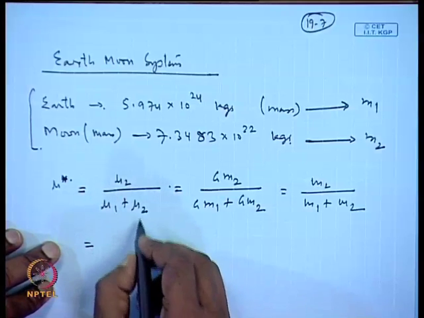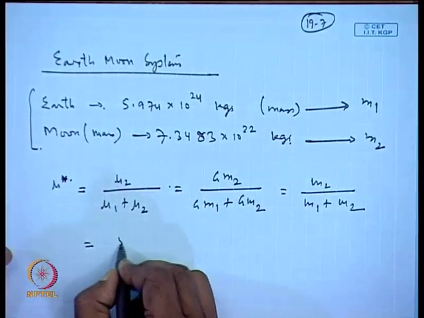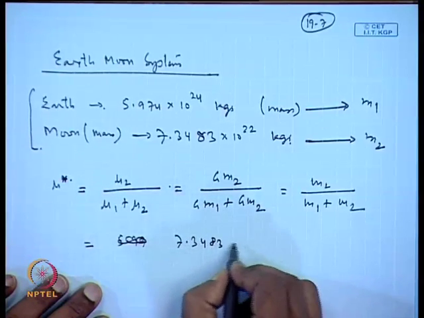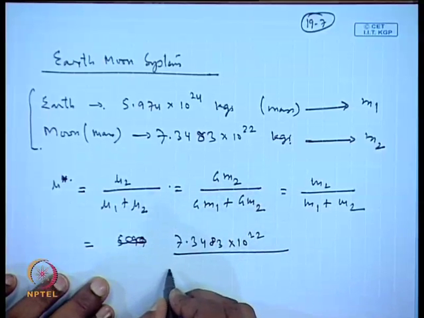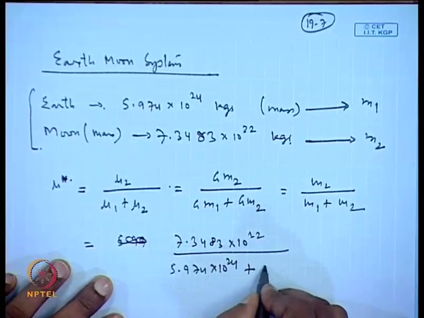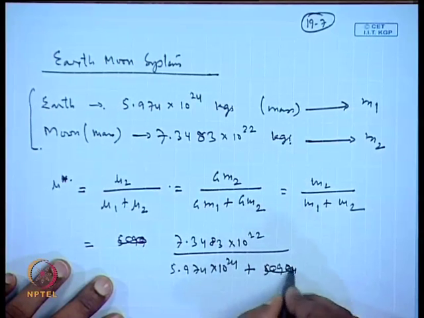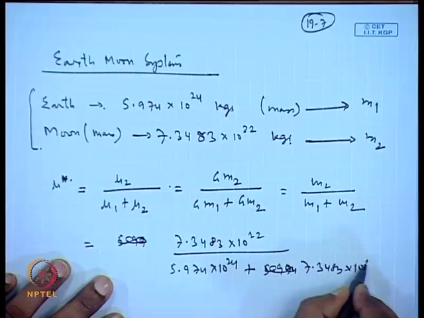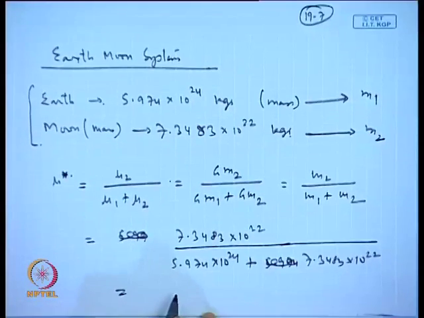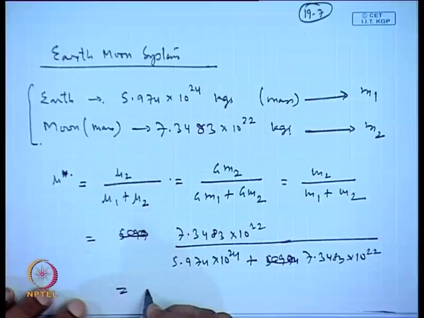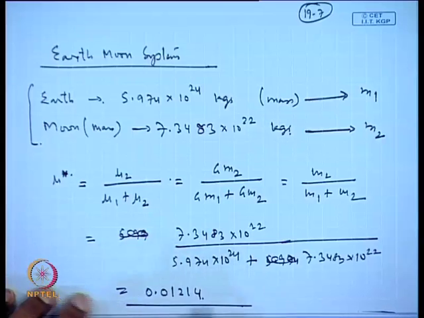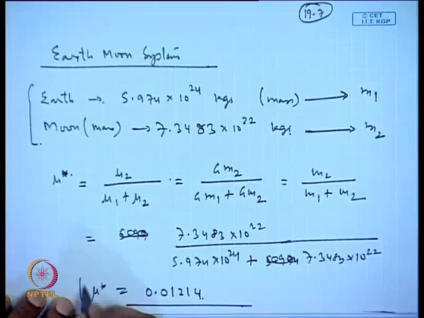If you insert these values, 5.97 and 7.3483 into 10 to the power 22, divided by 7.3483 into 10 to the power 22, this value will approximately turn out to be 0.01214. So, this is mu star.